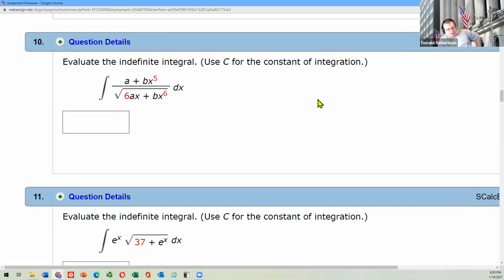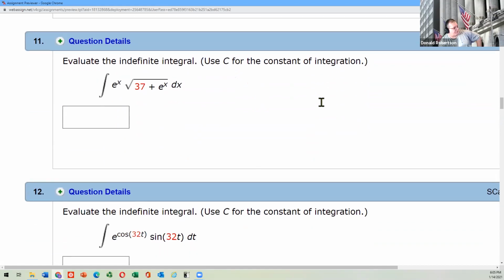It looks downright ugly, but don't let the ugliness of it freak you out. What is the u sub? 6 times ax plus bx to the 6. Yep. What's the u sub in 11? 37 plus e to the x.